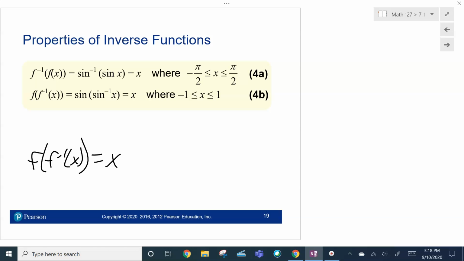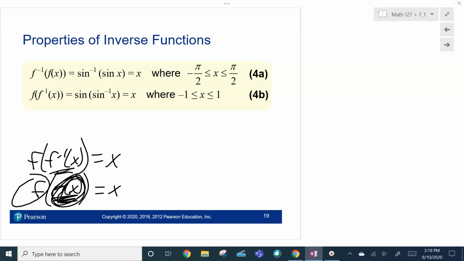And the domain of f of g, so this is a composite function, where g is just your inverse, okay? So the domain of f of g of x is the set of all numbers x in the domain of g for which g of x is then in the domain of f, okay?